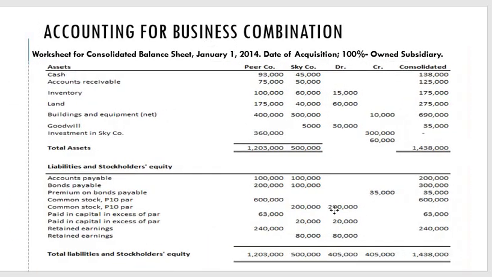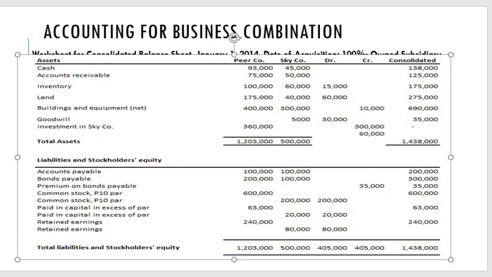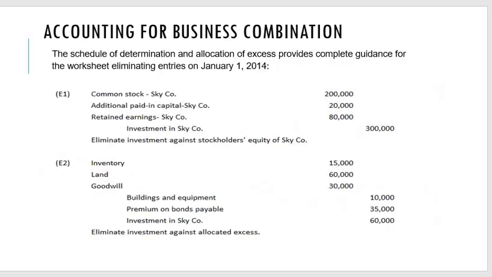And then our second working paper eliminating entry is to eliminate the investment against allocated excess. Since the investment in subsidiary has a balance of 360,000 and we credited 300,000 in the first entry, our excess is the consideration of 360,000 less book value of 300,000. So the excess of 60 is eliminated in our second entry.